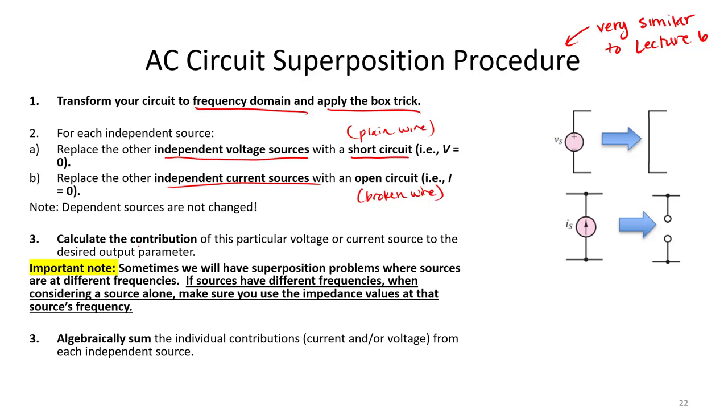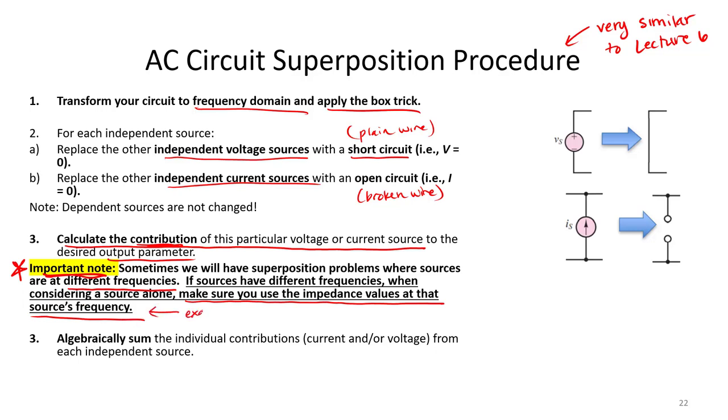Once we have considered each source separately, we draw the circuit with each source alone, and we calculate the contribution of each source to the desired output parameter. You need to be careful when calculating these contributions. Here's a very important thing to note. Sometimes we will have superposition problems where the sources operate at different frequencies. So if your sources have different frequencies, when considering a source alone, make sure you use the impedance values at that source's frequency.